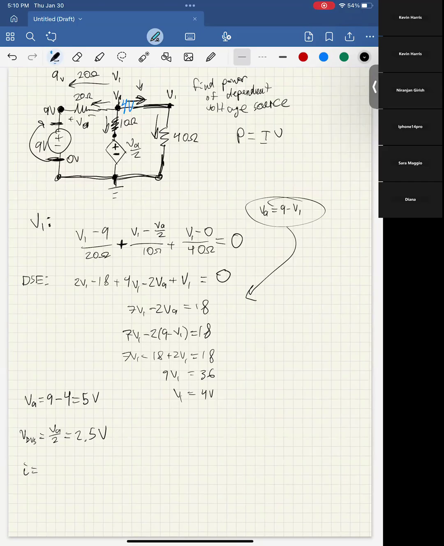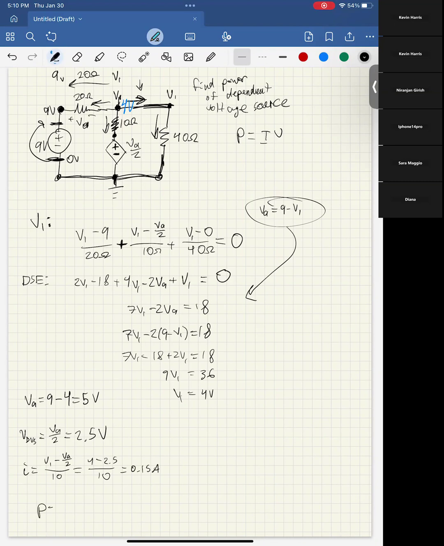So I will equal V1 minus VA over 2, over that 10 ohms. And we have all of these now. So V1 is 4 minus 2.5 over 10. And that's 4 minus, yep, that's 0.15 amps. Yeah, that sounds right, because it's 1.5 over 10.